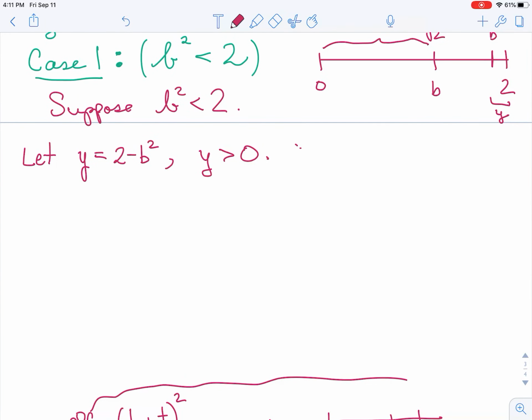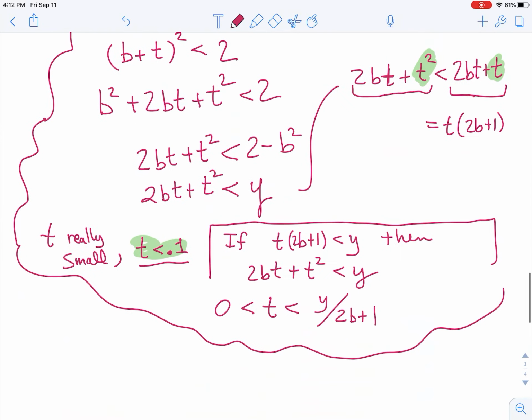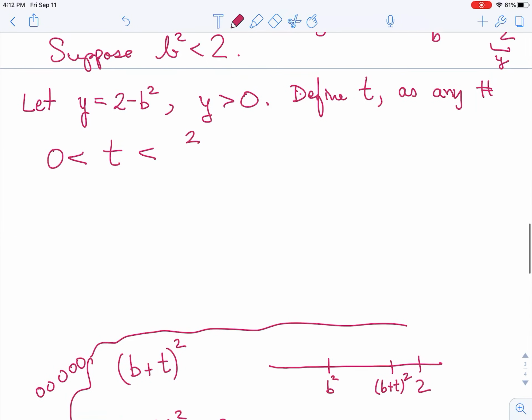Okay? And so I will now define t as any number between 0 and, what did I say? y over 2b plus 1. So define t as any number between 0 and y over 2b plus 1.